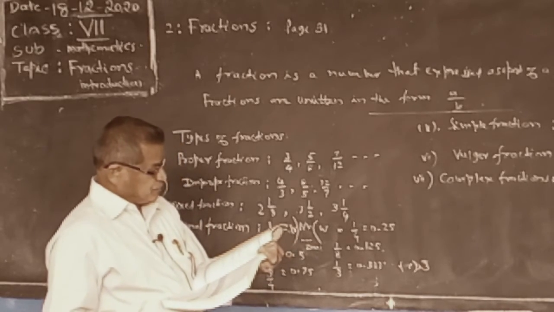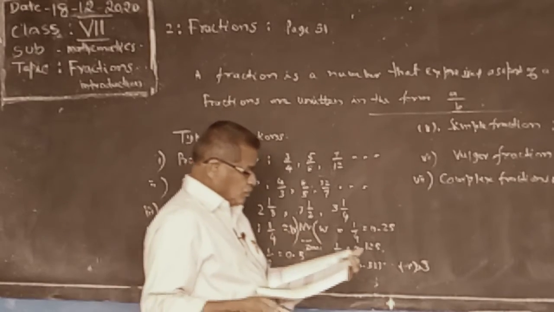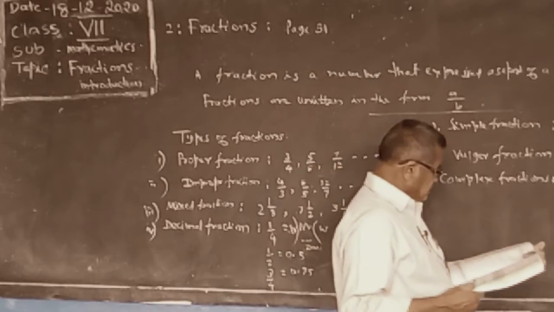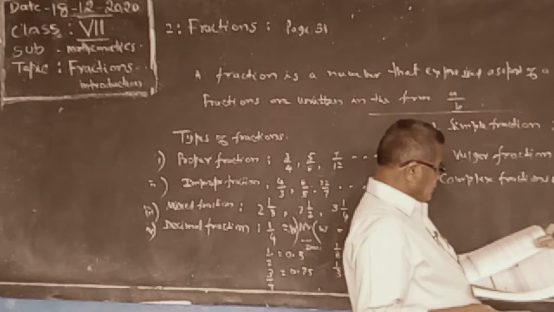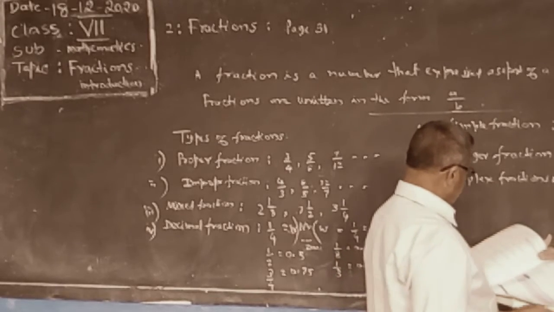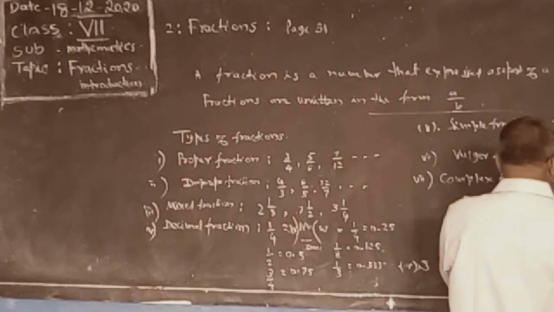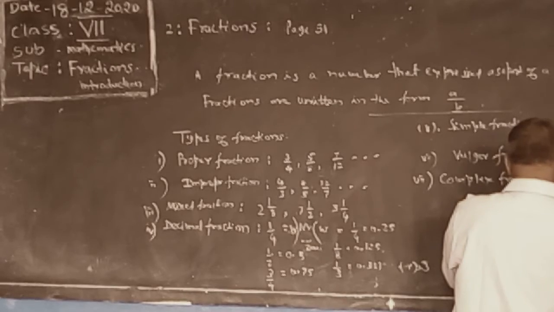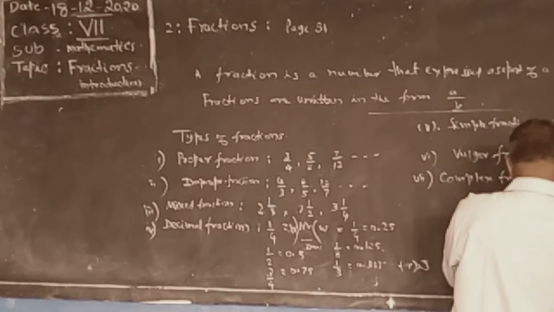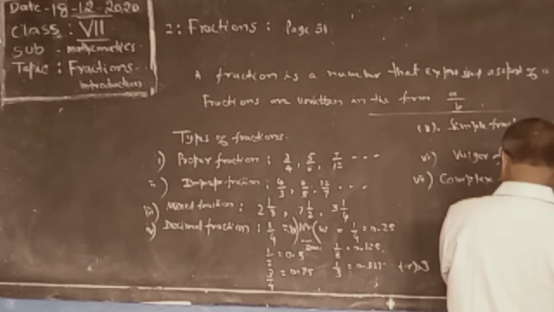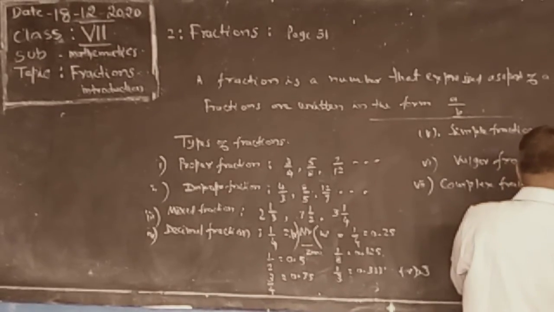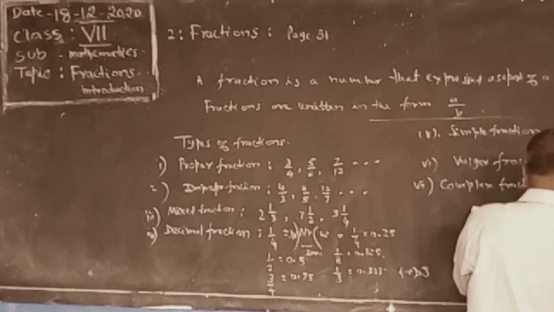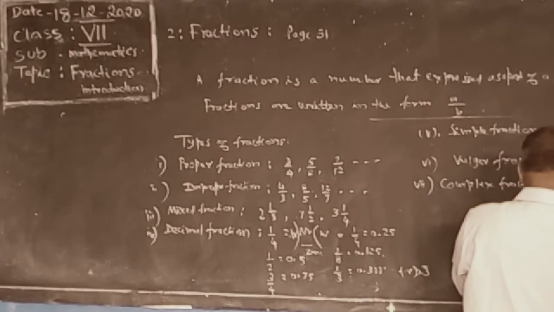Seventh, complex fractions. Fractions having either both numerator and denominator as fractions or mixed numbers are called complex fractions. Example: 2 by a fraction, and 3 by 4 by 6 by 7, like this.